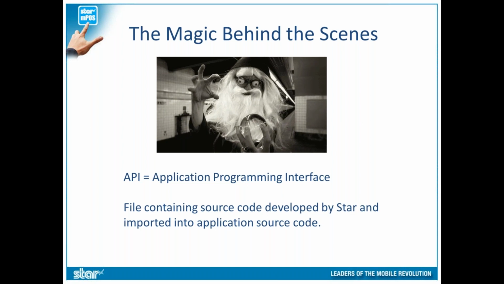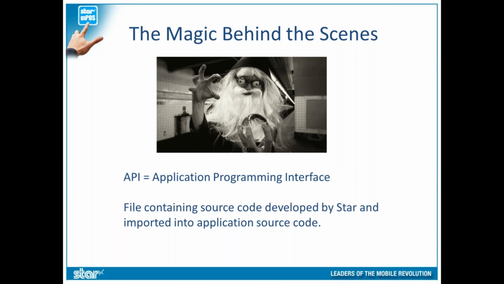So, you know, there's a lot of components or details that go within an SDK. There's a lot of things that happen behind the scenes. And at the core of that is the API. This is essentially another acronym. There's lots of acronyms in this presentation. And this is an application programming interface.